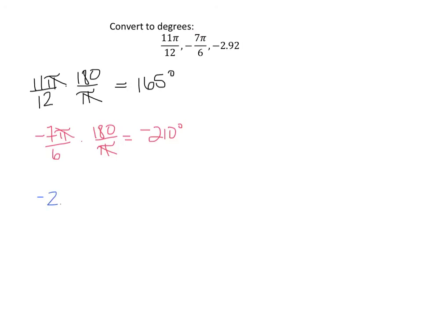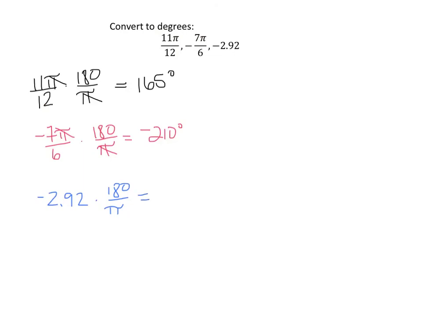The last one, we might not think about it as being in radians because we don't see pi attached to it. Radians do not always have to be in terms of pi, but we still multiply by 180 over pi. And again, I put this exact expression into my calculator, negative 2.92 times 180 divided by pi.